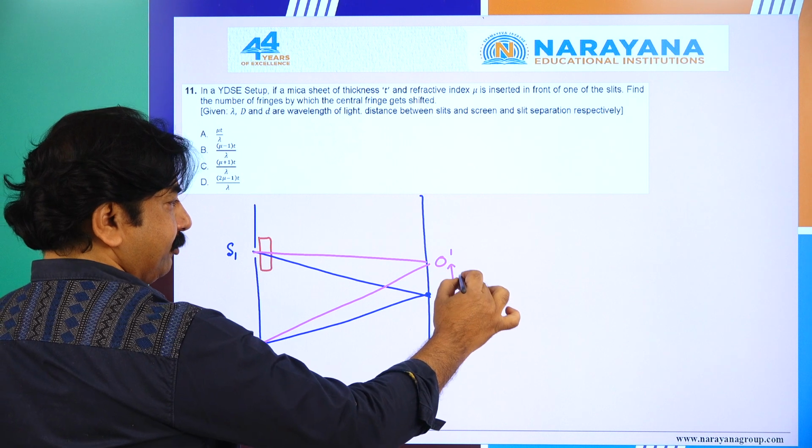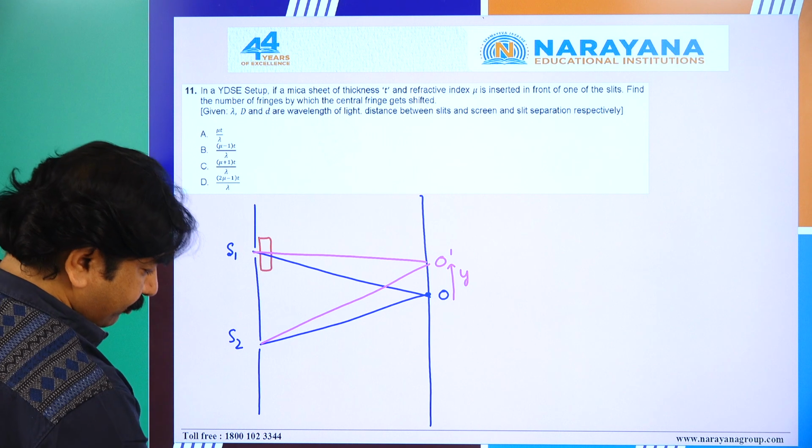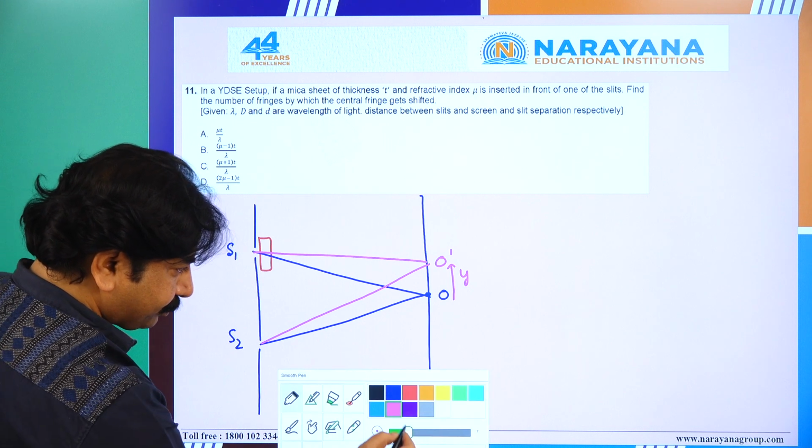Actually, this shift is the Y. Already you know as per the formula and conditions.